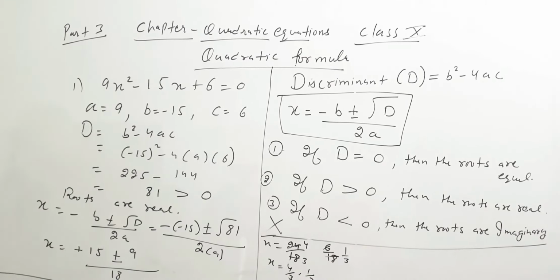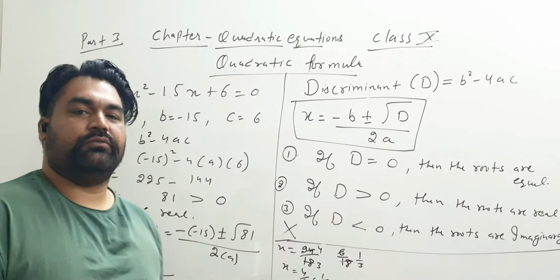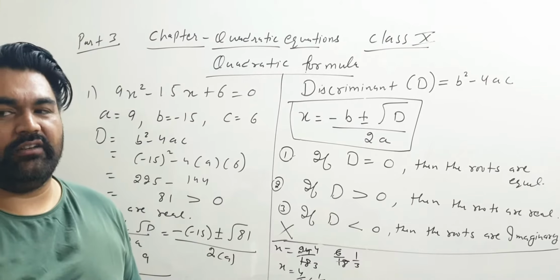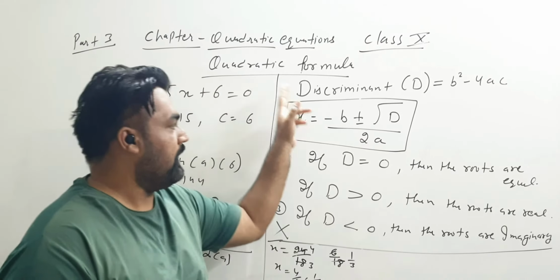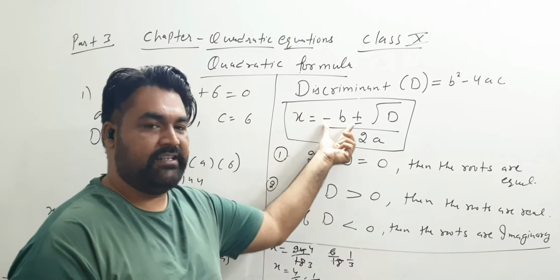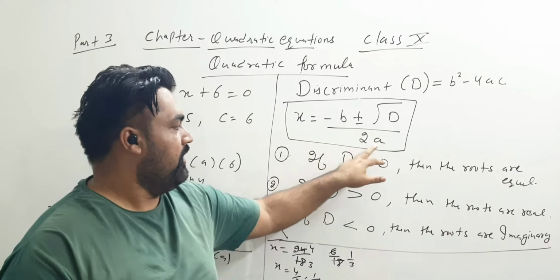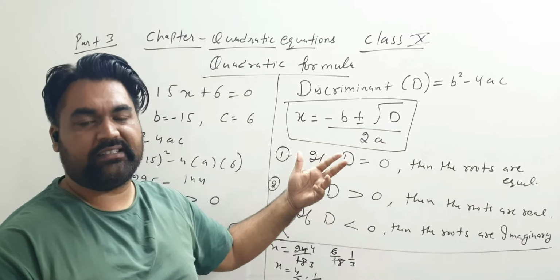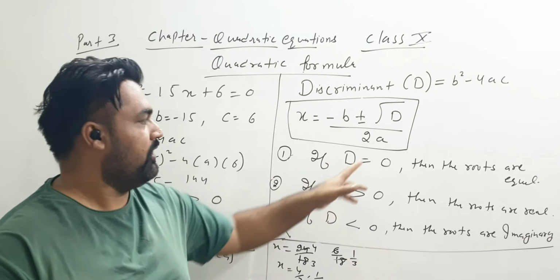So I just repeat the whole concept. We will find the roots of the equation. Roots means we have to find the values of x by quadratic formula. The quadratic formula is x equals minus b plus minus root d upon 2a. A is the coefficient of x square, b is the coefficient of x, c is the number. What is d?